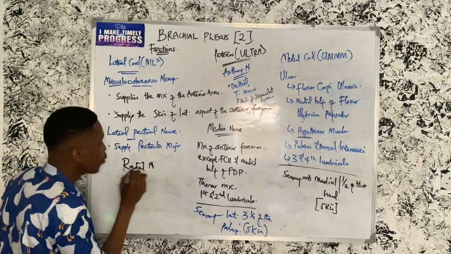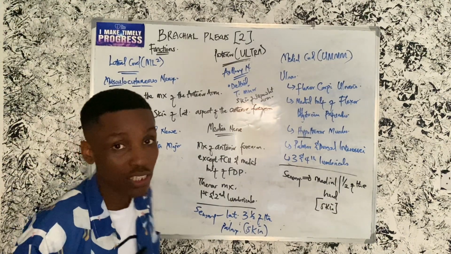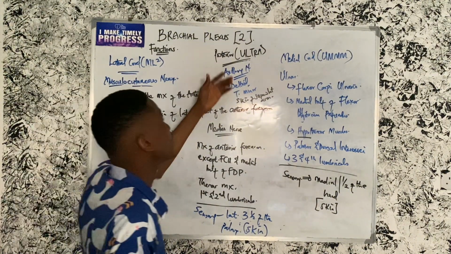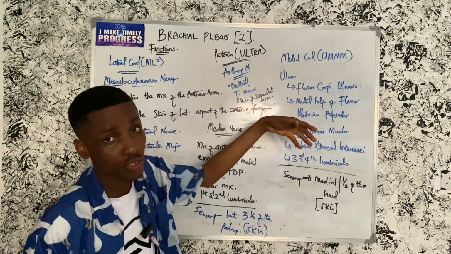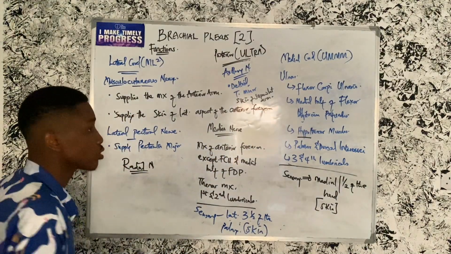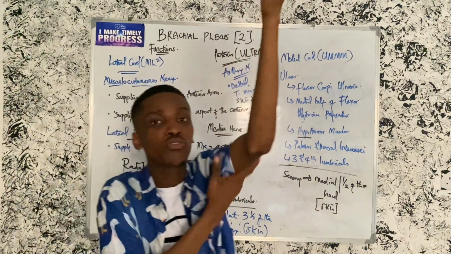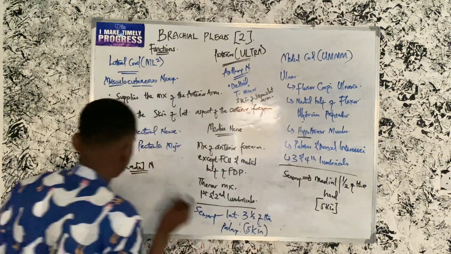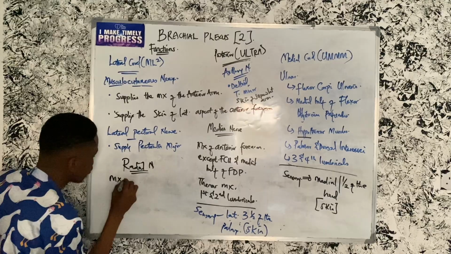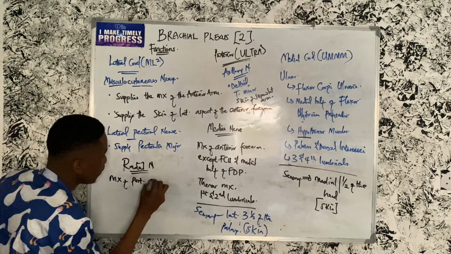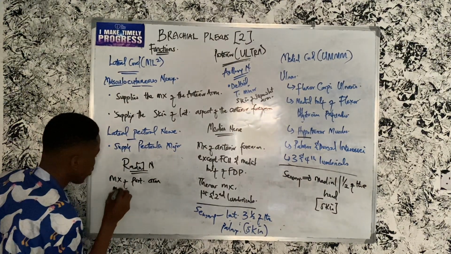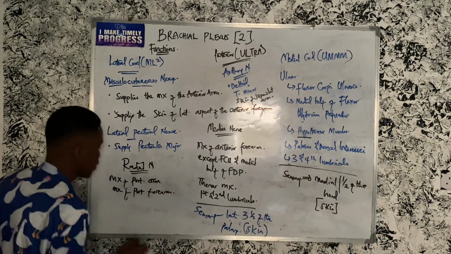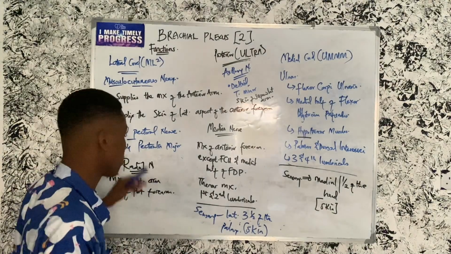Radial nerve is a very wonderful guy because he's the largest branch of the entire brachial plexus. What does it supply? In terms of muscle, it supplies the muscles of the posterior arm and the muscles of the posterior forearm. That will be its muscle supply.